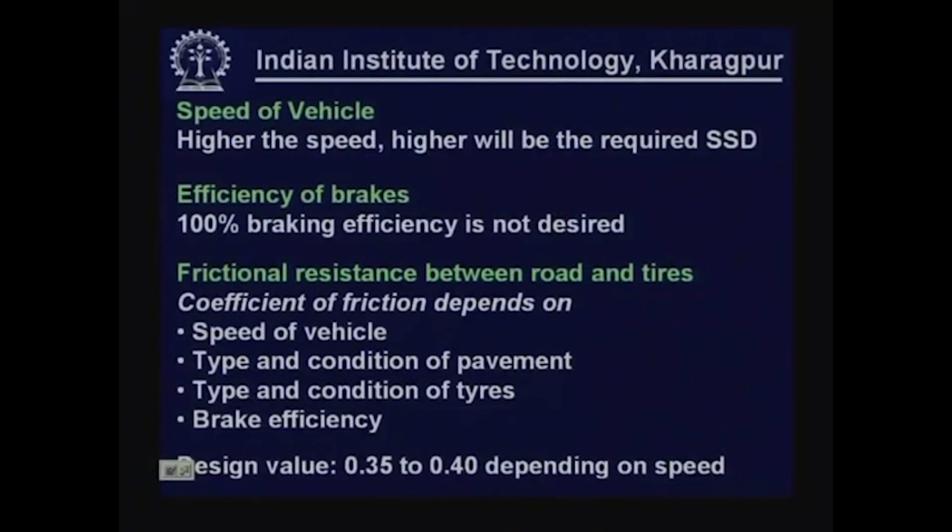What do we understand by 100% brake efficiency? It means the wheels are fully locked, so there is no rotation.